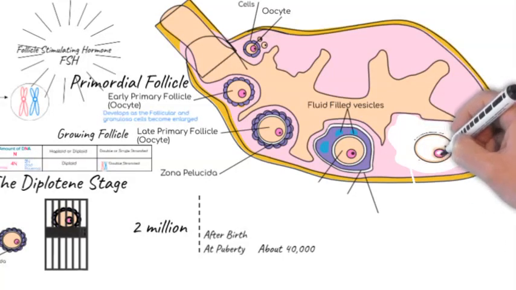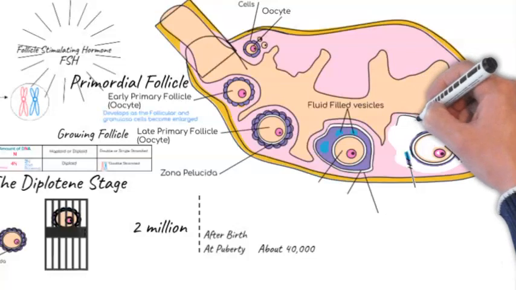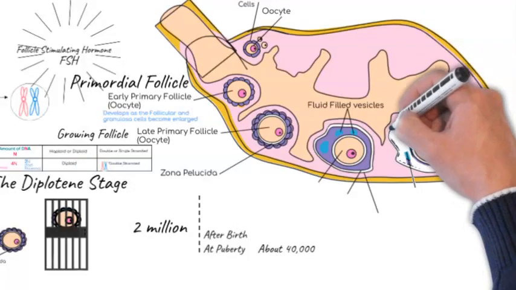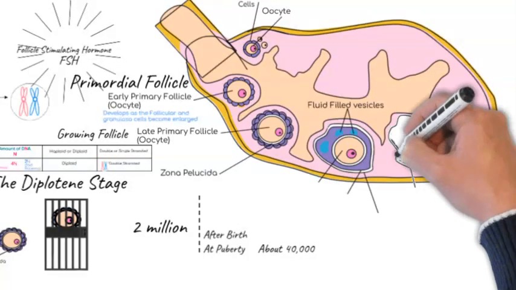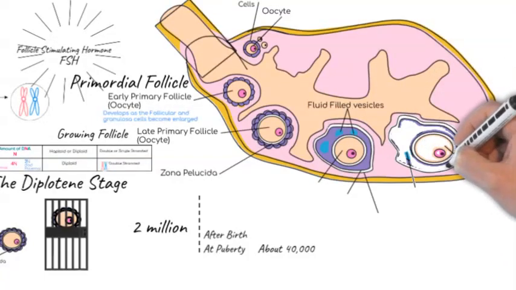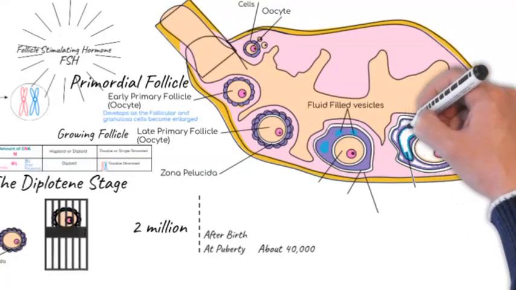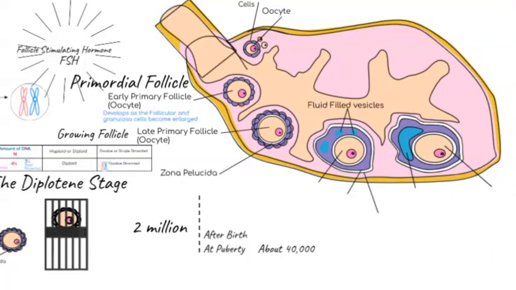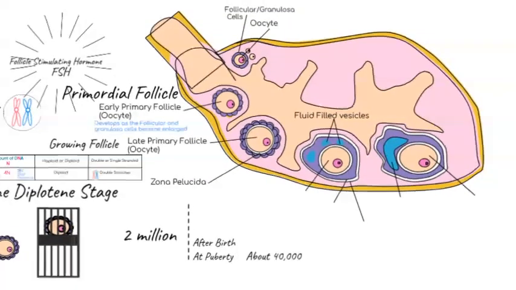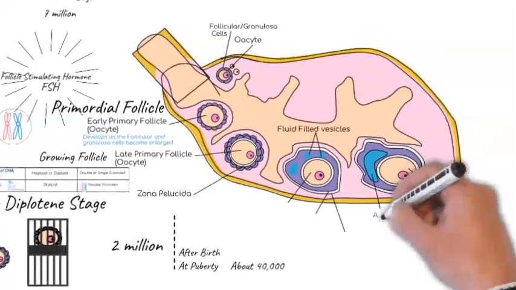And then there will be another connective tissue way outside of all of this. The cells on the inside will continue to grow, but there will be some spaces in between them. These spaces will come together and form a space, and that space is fluid-filled. You see all this space is fluid-filled, and it is called antrum.